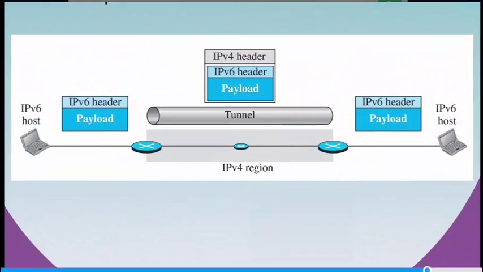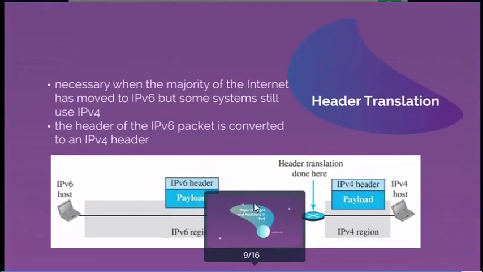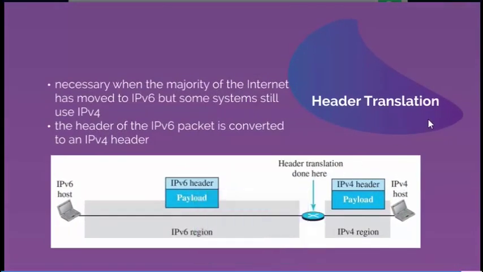So those are the two. Another one is how the IPv6 or IPv4 header is translated, vice versa. This is necessary when the majority of the internet has moved to IPv6, but some systems still use IPv4.